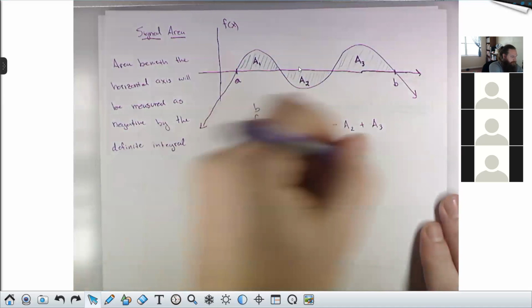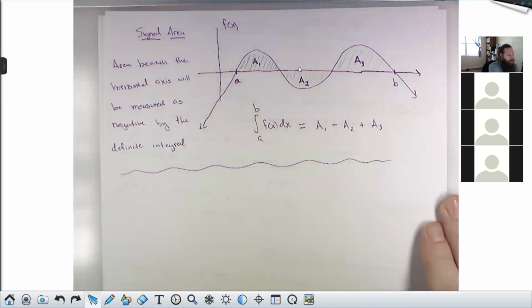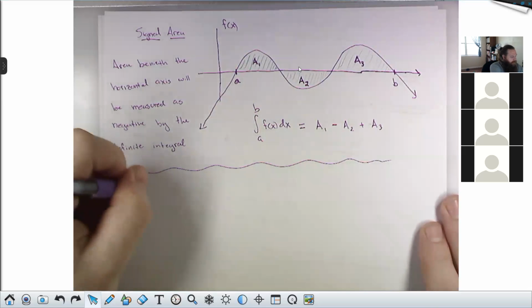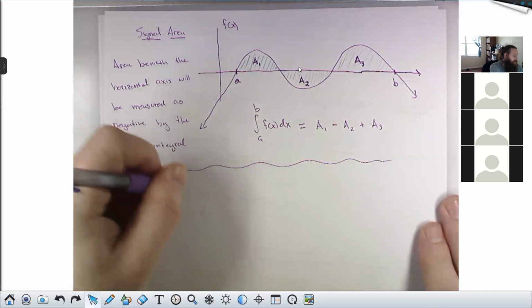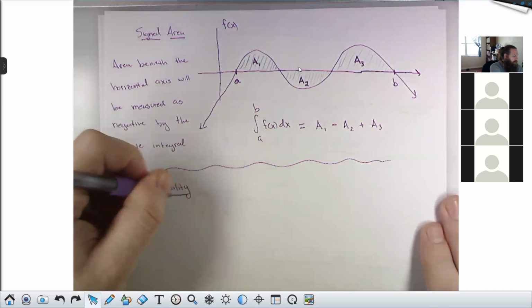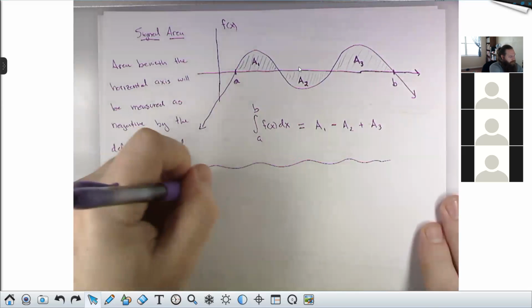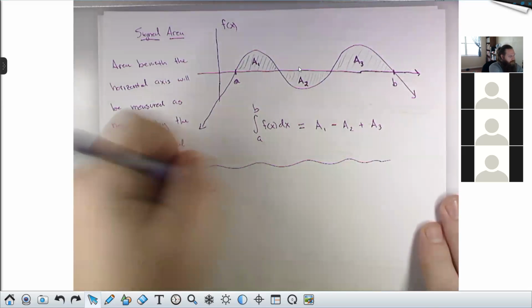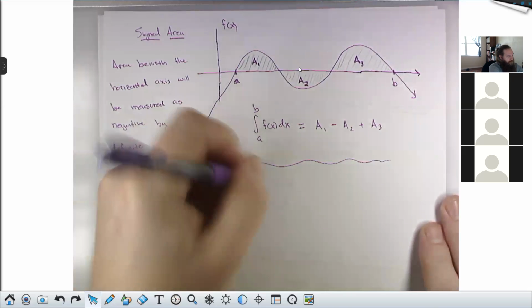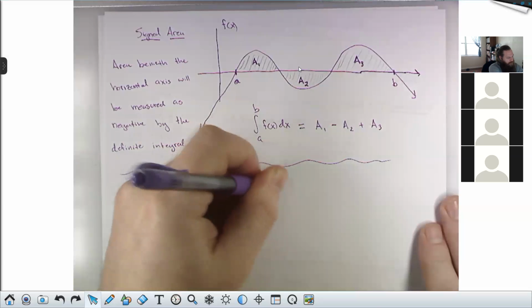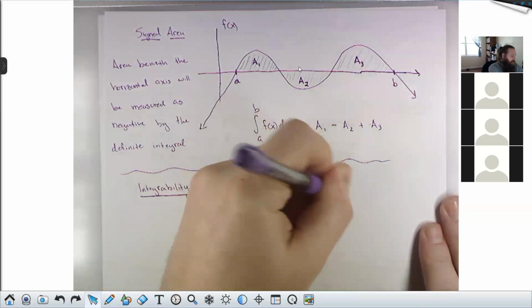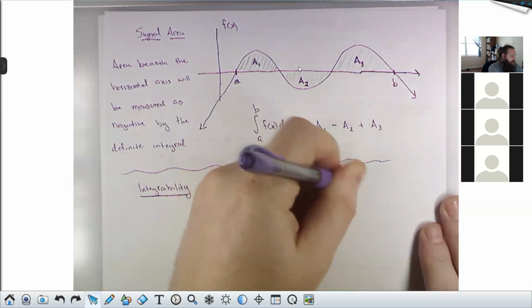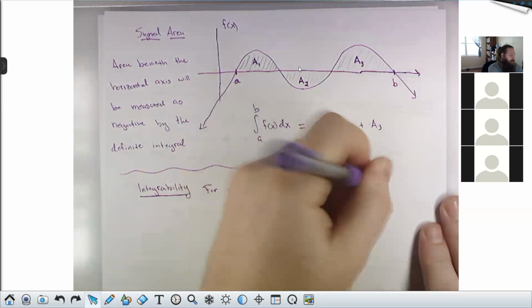All right. Before we can get into calculation, there's one other thing I need to talk about, and that's integrability, which is a fancy word meaning for what functions does the integral from a to b of f of x dx exist?